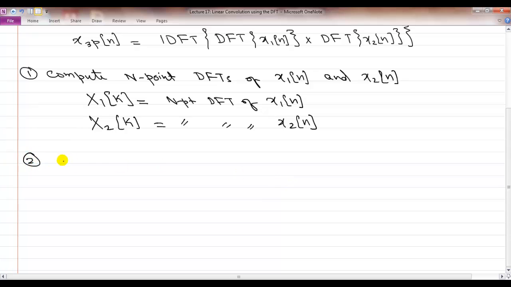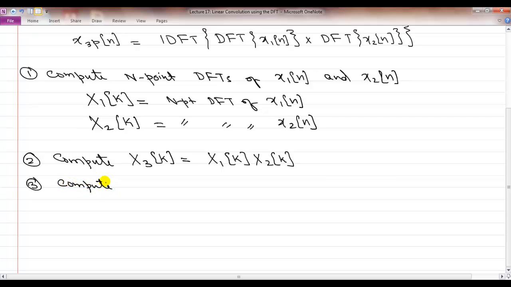Then in the next step, we compute another sequence X3[k], which is simply X1[k] multiplied with X2[k]. And in the third step, we compute the inverse N-point DFT of X3[k] to get x3p[n].